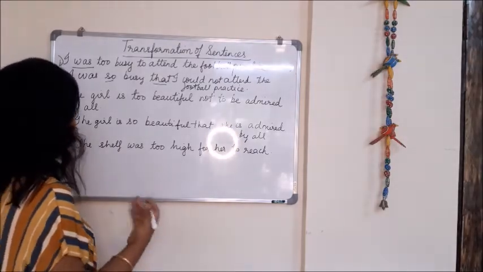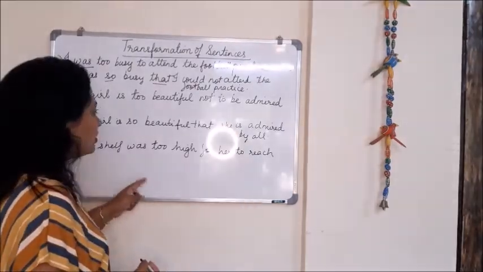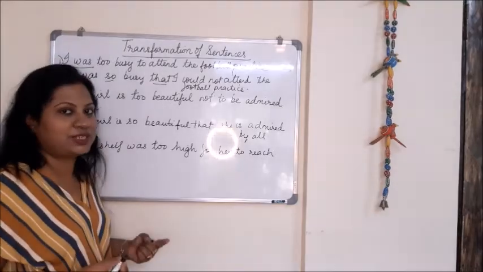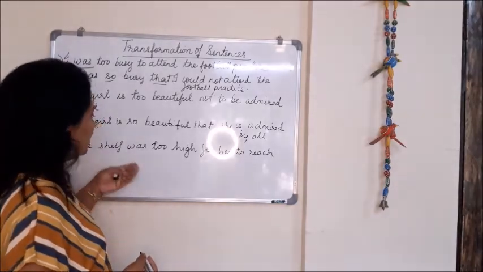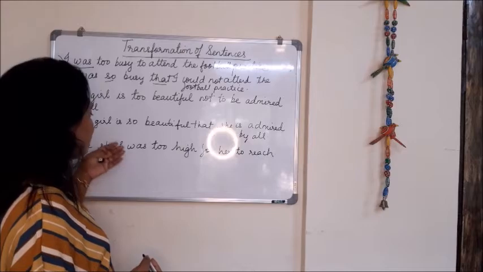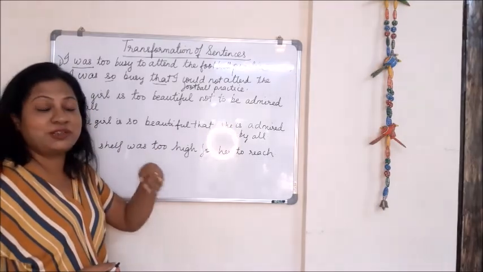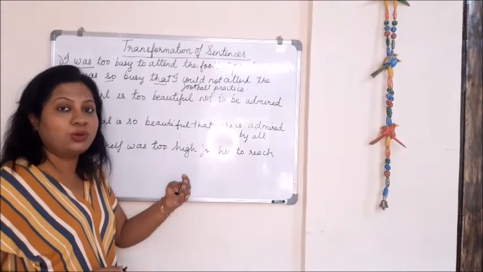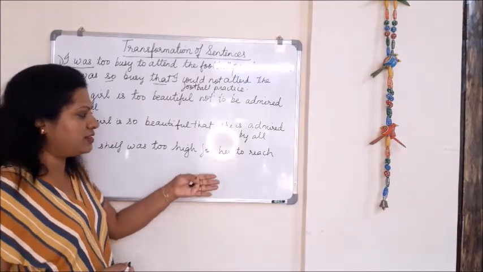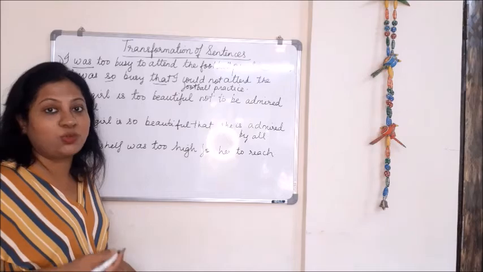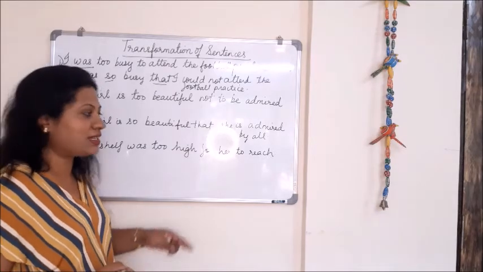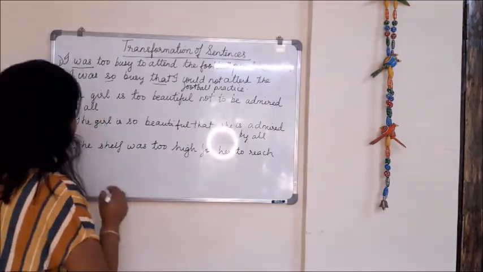Let's move to the last one. The shelf was too high for her to reach. So we have to replace this with a so and that. Now we can see that this is a positive sentence. Now a positive sentence means we do not find a no, not or a never in this sentence. Therefore it's a positive sentence. So we need to change it to a negative sentence when we replace it with a so and that.